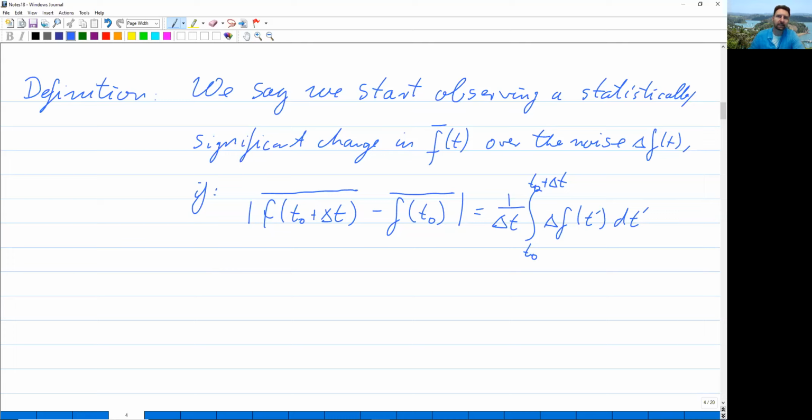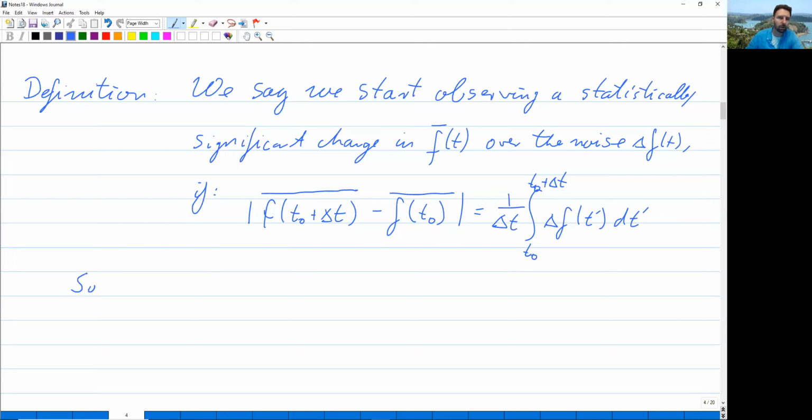This is a very commonly adopted criterion when it comes to distinguishing a signal over the noise. In our case, the signal is a change in the mean value of an observable, and the noise is the quantum fluctuations of the observable around its mean value.